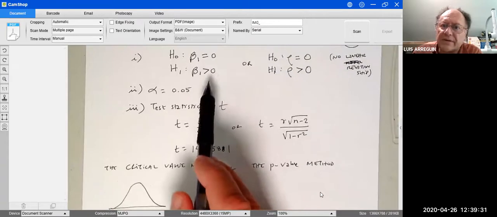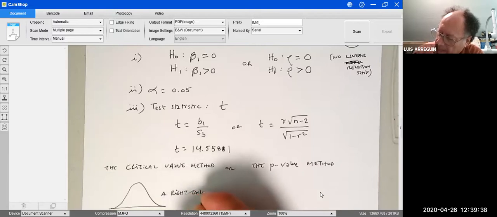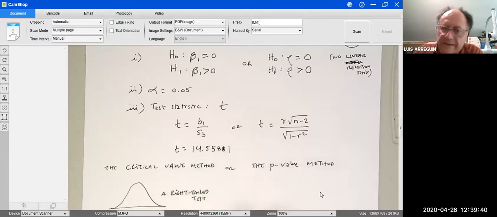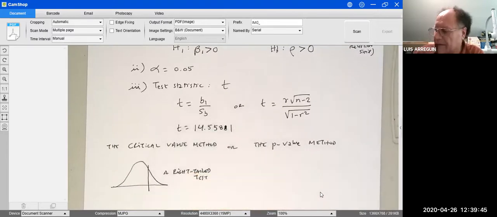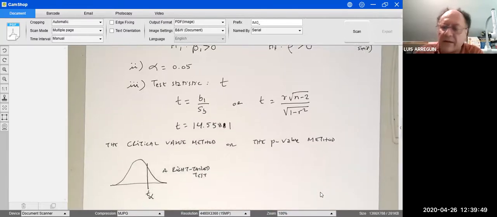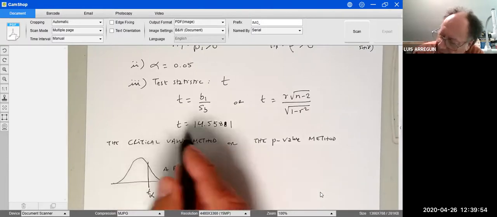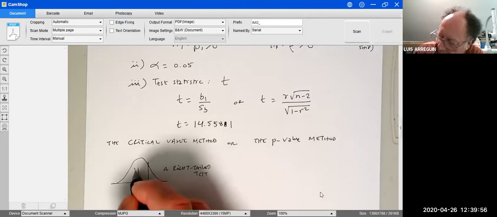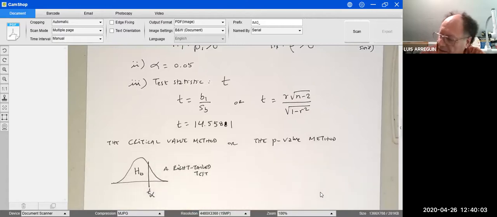As you can see here, this is a right tail test. So you're gonna look for a critical value here. So this is gonna be your t alpha, the one that you're gonna use to decide whether your test statistic is either inside of the region that favors the null or outside of that region.